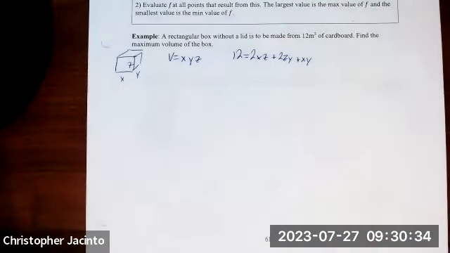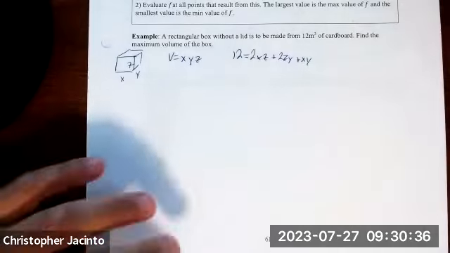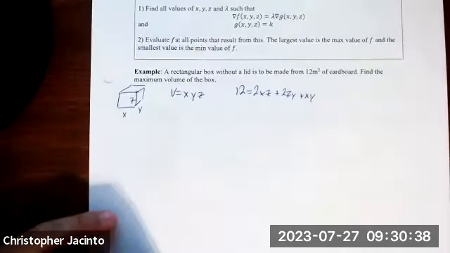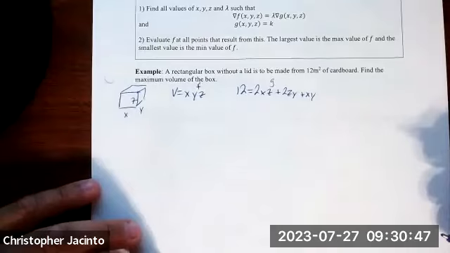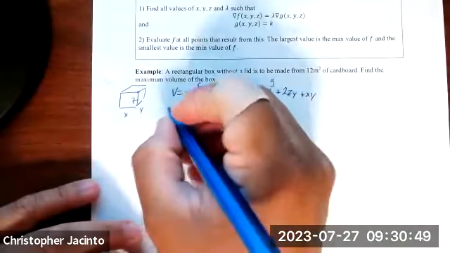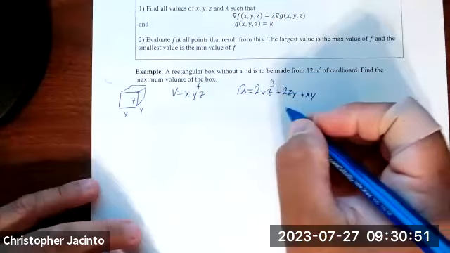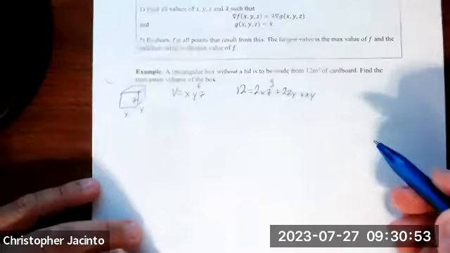But this time, instead of solving for z, we're just going to use the gradients. We're going to use this formula up there. Before we do anything, we're going to find our gradients. We'll consider these as our f and g, respectively, if we follow the same template as above. So we're going to find each gradient and set them equal to each other.